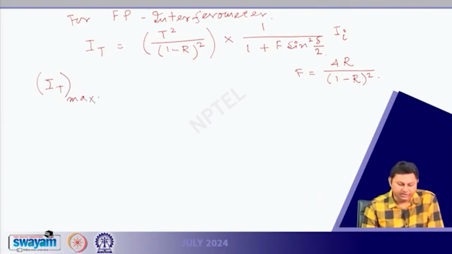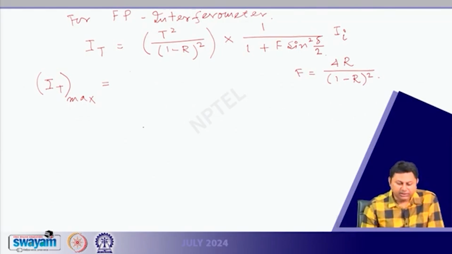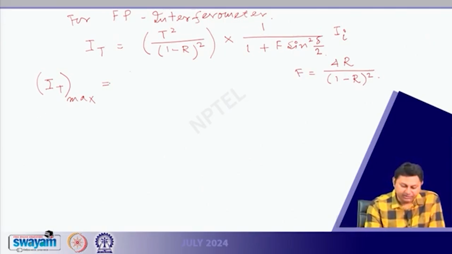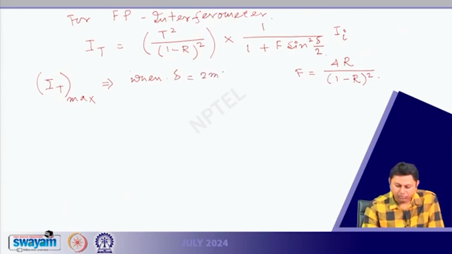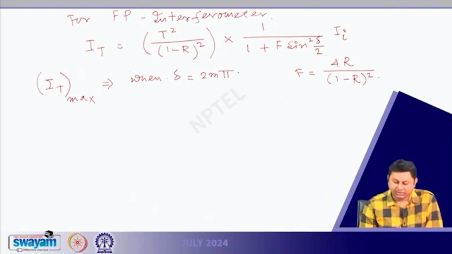the transmitted ray IT should be maximum. Under the maxima condition, this happens when delta is equal to 2 m pi, m being an integer. In all cases sine square delta by 2 will be sine square m pi, and this quantity will vanish.